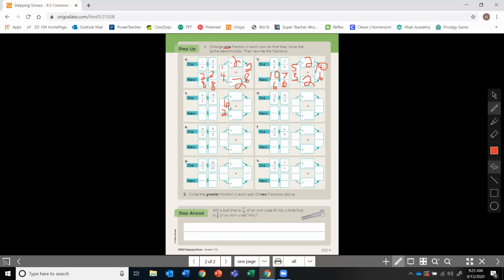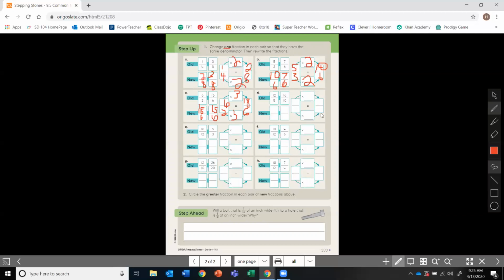So for example, instead of multiplying by 2, I'm going to try multiplying by 3 to get a new fraction. So 6 times 3 is 18, and 2 times 3 is 6. So our new fraction is 18 sixths and 15 sixths.